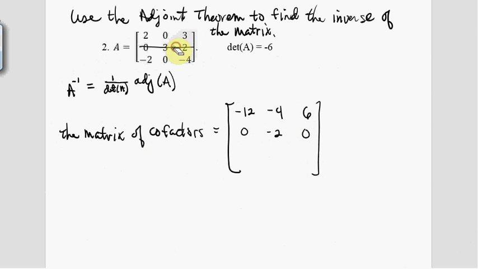Move down to the last row. At the negative 2, delete its row and column. So this becomes 0 minus 9. So this is negative 9. Here, the position is even, so this is negative times a positive, negative 9.